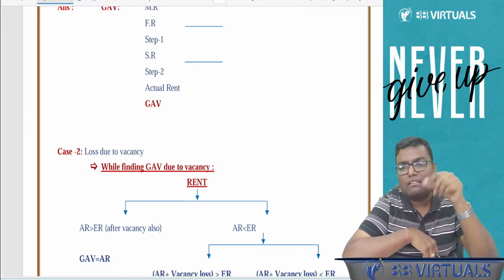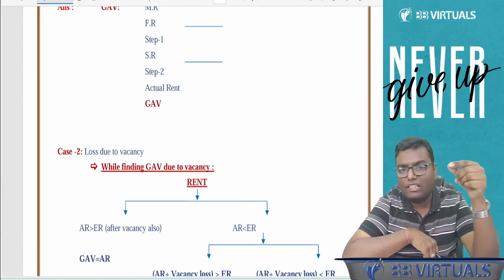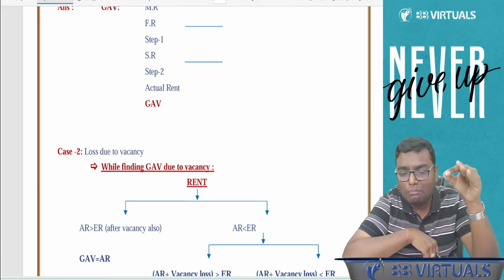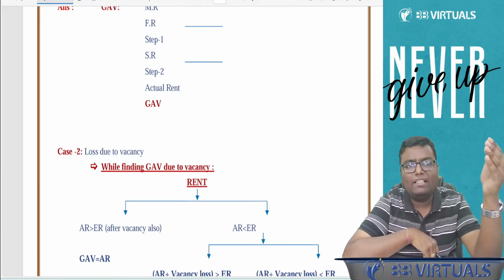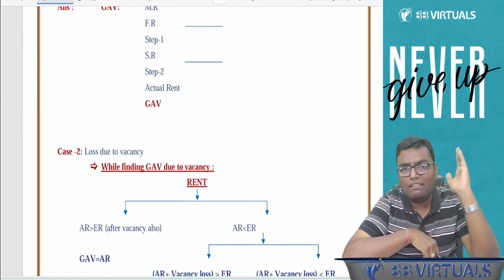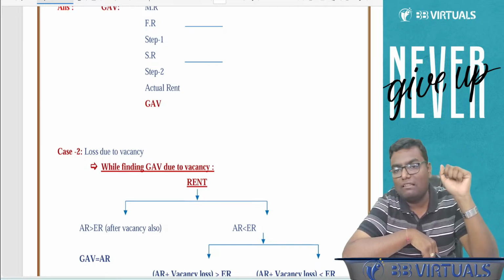Section 23 tells us how to calculate gross annual value. Municipal rent or fair rent, whichever is higher, that amount or standard rent, whichever is lower, that is called expected rent, or actual rent, whichever is higher. And actual rent is to be taken on an accrual basis, that is due basis.